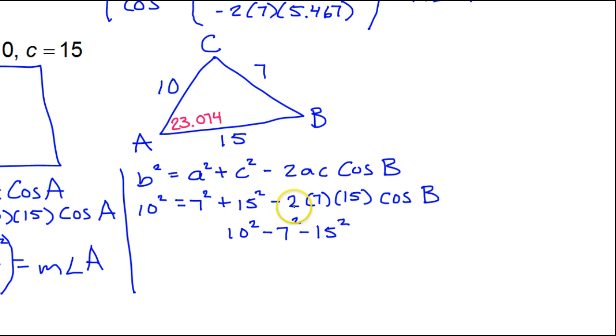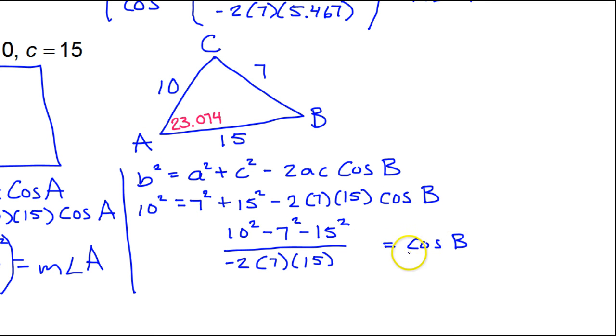And then I'm going to divide by this portion. So this will be divided by negative 2 times 7 times 15. Okay, so that will give me the cosine of angle B.